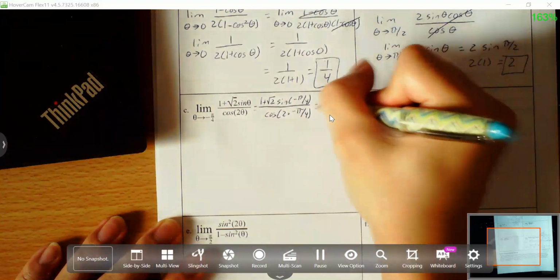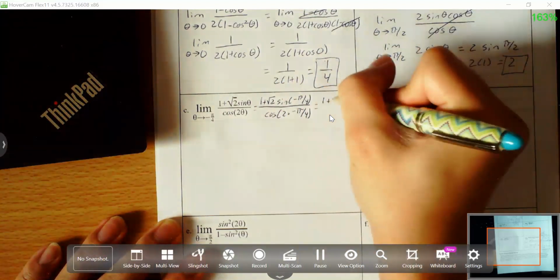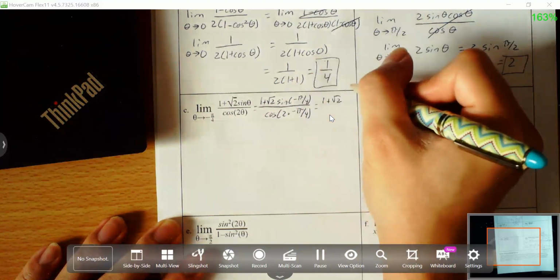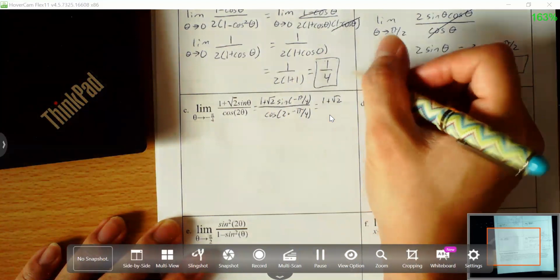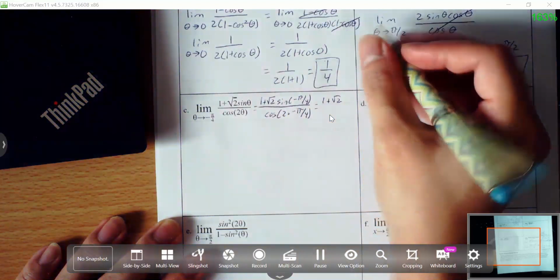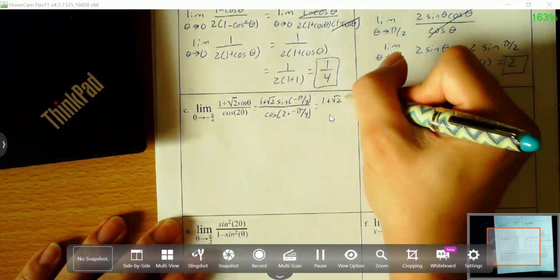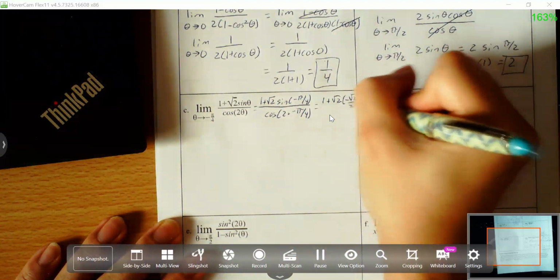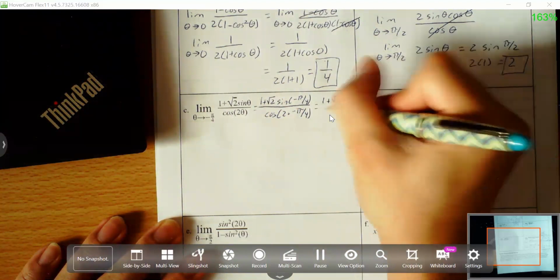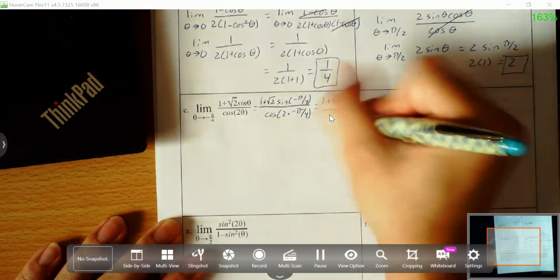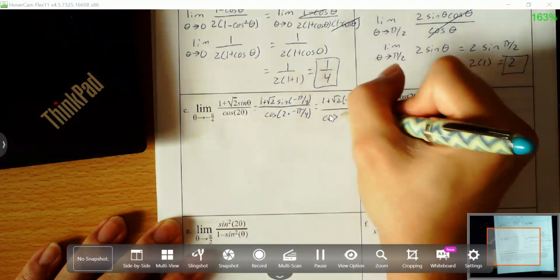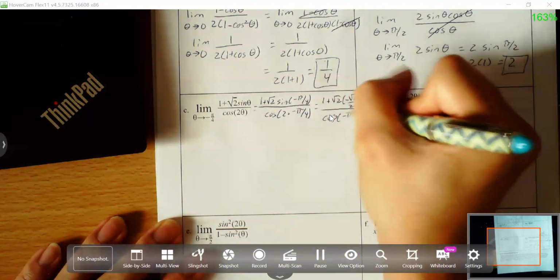Now this is 1 plus root 2, the sine of negative pi over 4. So now we're in quadrant 4. Sine of pi over 4 is root 2 over 2, and we're in quadrant 4, so it's negative root 2 over 2. All over cosine of negative pi over 2.